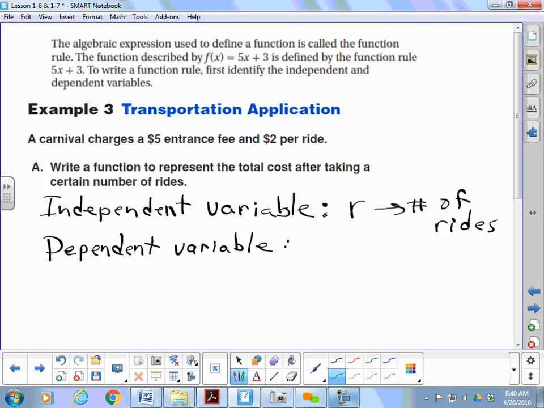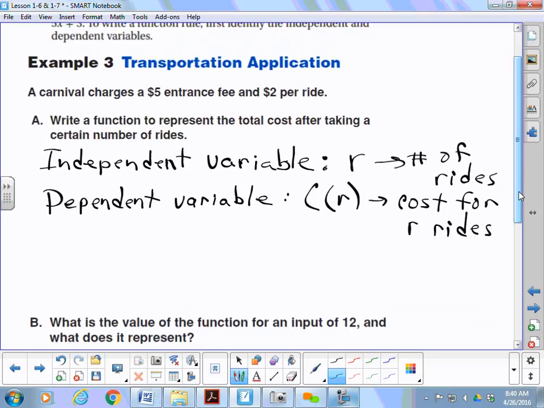The cost of the rides. Okay, so we'll use C of R. Cost for our rides. Okay. Now the letters you use do not matter. Okay, but all right, you should use letters that make sense for the problem, like R for rides, C for cost.